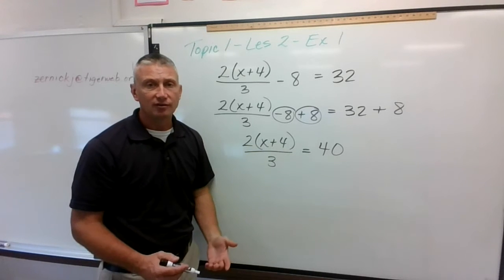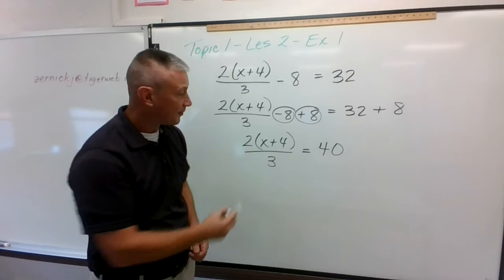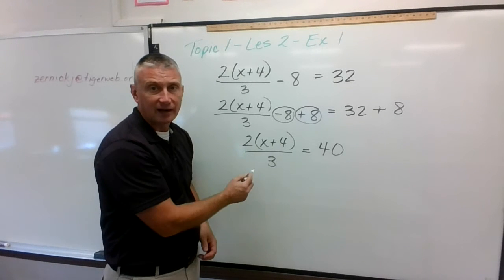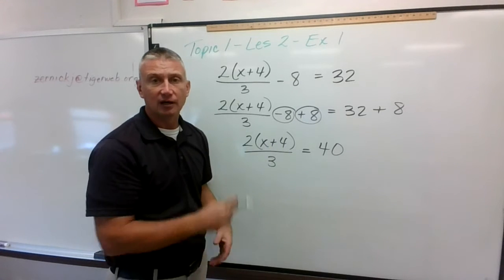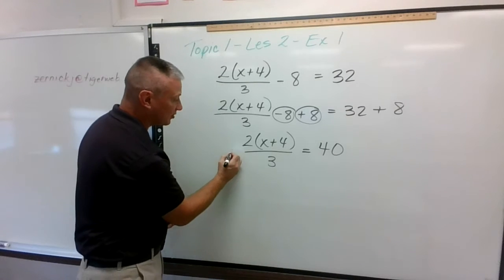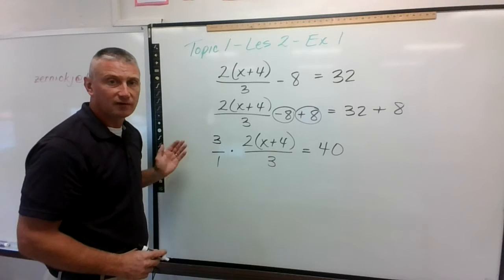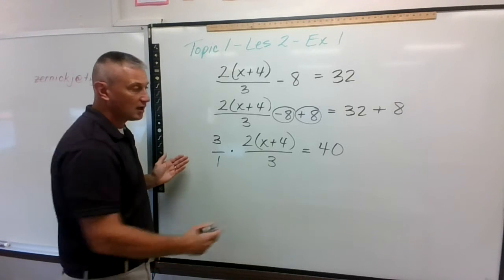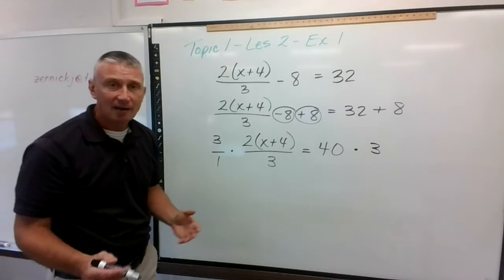So here's what we have to do next. And this is the easiest thing to do; this is how I would solve this. Since this side is completely divided by 3, we're going to multiply both sides by 3 in order to eliminate the 3. So I'm just going to show you real quick how to do that. Remember that the number 3 over 1 is the same as 3. So if I multiply this side by 3 and I multiply this side by 3, here's what actually happens.